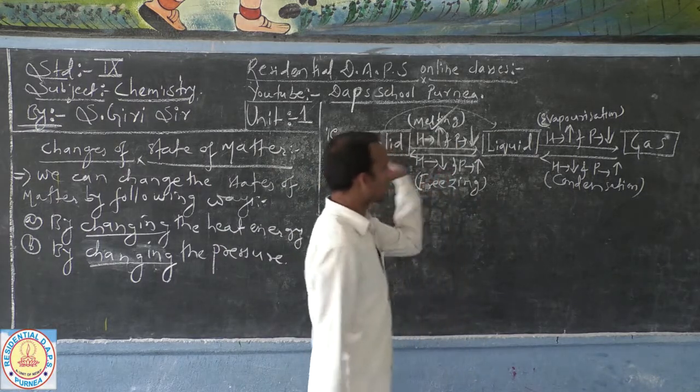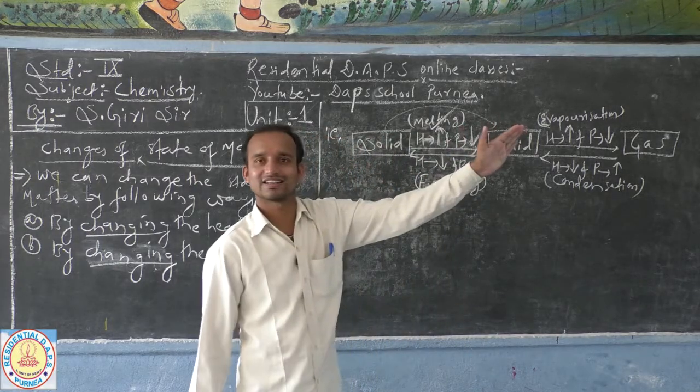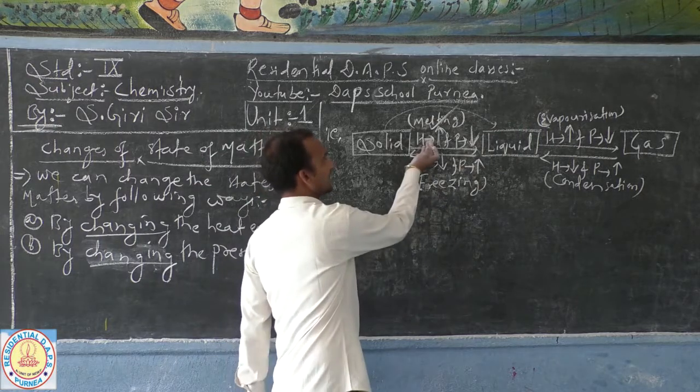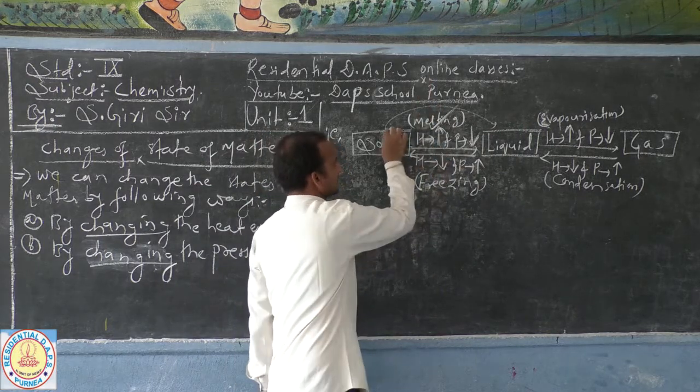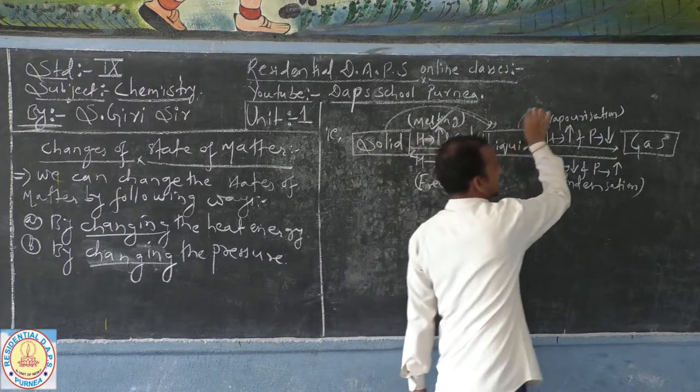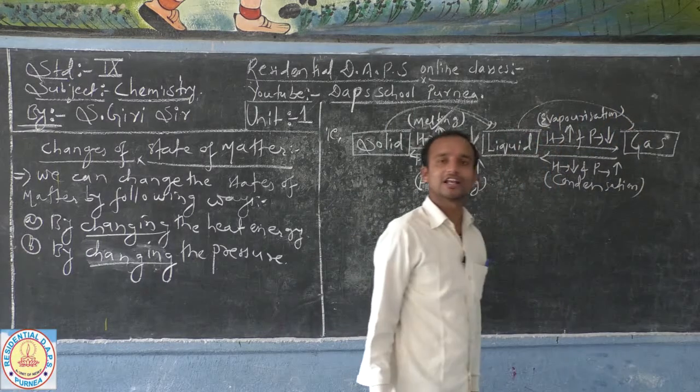So now number one step to go in this direction, you have to apply the heat and you have to decrease the pressure. तब solid liquid बनेगा. Same process, apply the heat, decrease the pressure, then liquid changes into the gas.